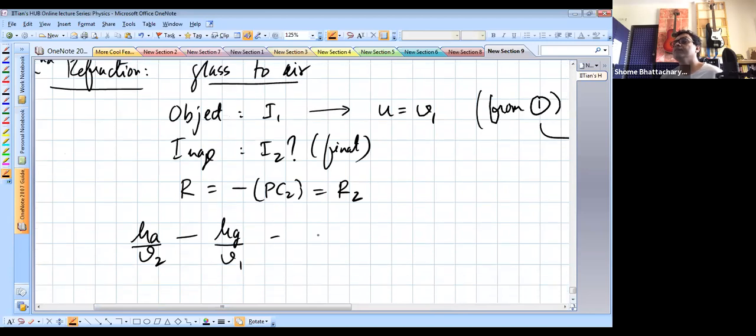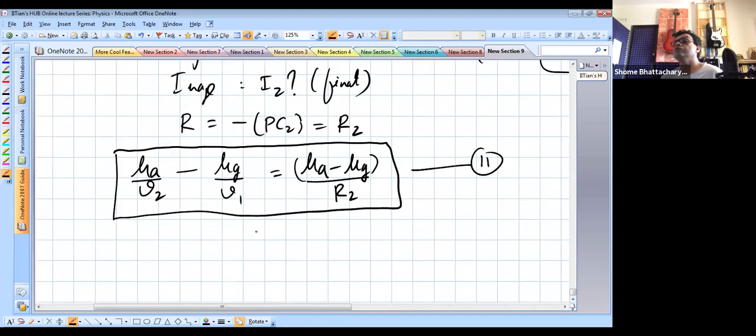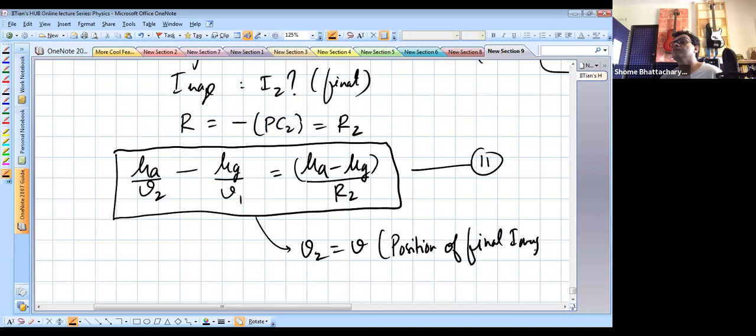So this is refractive index of air minus refractive index of glass divided by R2. Again, R2 will be substituted with a proper sign. So for my biconvex lens, the proper sign would be minus of that distance, PC2. Okay. So this is my second. Now in this, what is happening is that your V2 is only V, that is the position of the final image, which is nothing but I2 with respect to the pole.